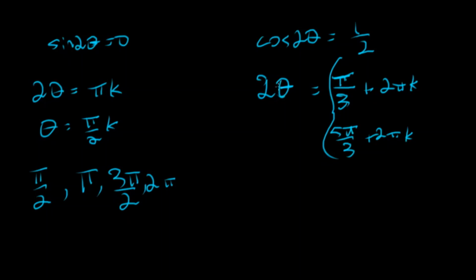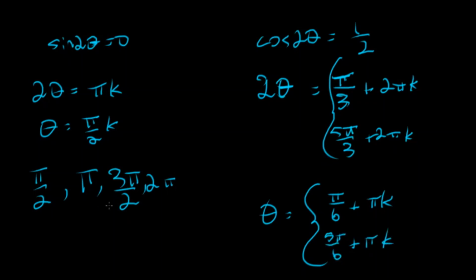All right, cool. And then if I divide by 2, I'm going to get theta is equal to pi over 6 plus pi k, and 5 pi over 6 plus pi k.